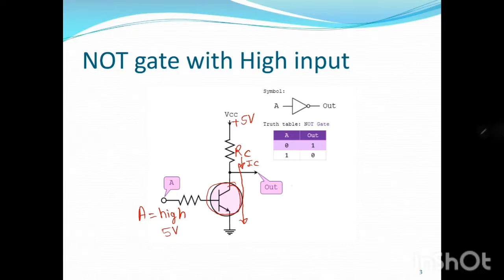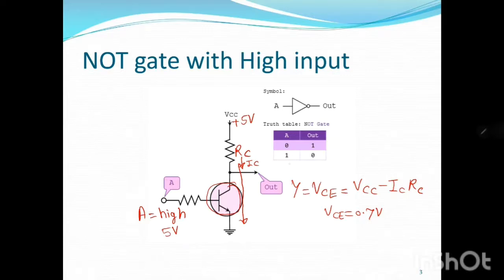Therefore output voltage Y is equal to VCE, which is equal to VCC minus this IC RC drop. As there is conduction of current, this VCE is very small, that is 0.7 volt, means your transistor is in saturation, that is considered as a low voltage.